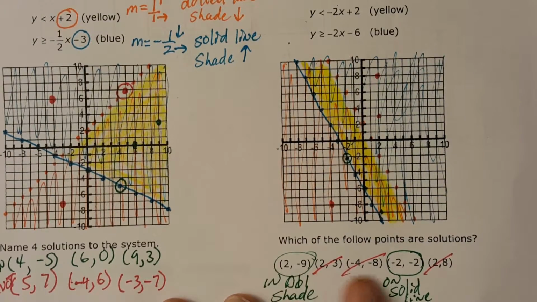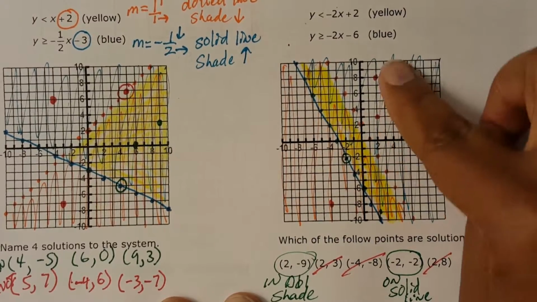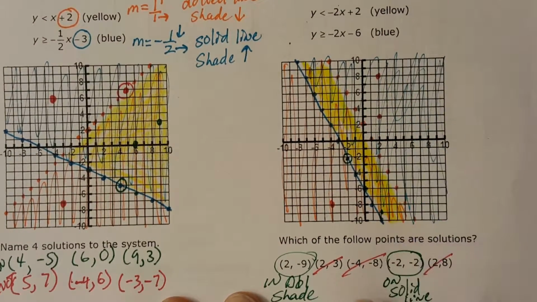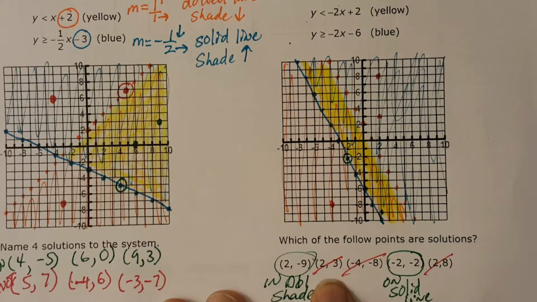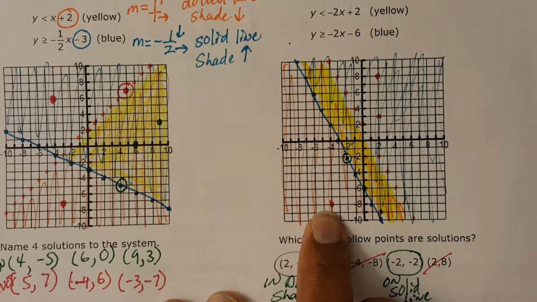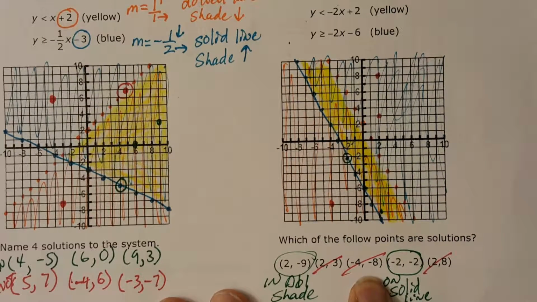So when I tested the points by plotting them on the graph, you notice these two dots are only in the blue. They are not solutions. That is 2, 8 and 2, 3. Just like the point that's just in the orange section right here, -4, -8, they are not solutions.